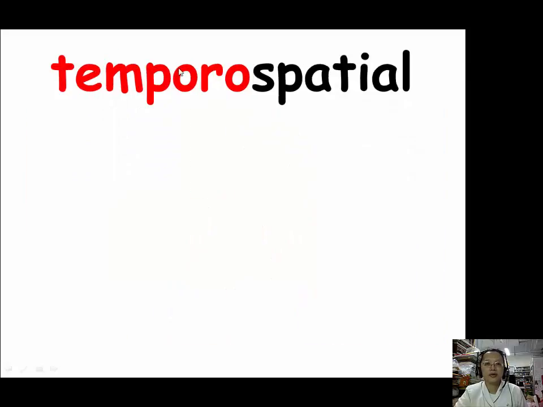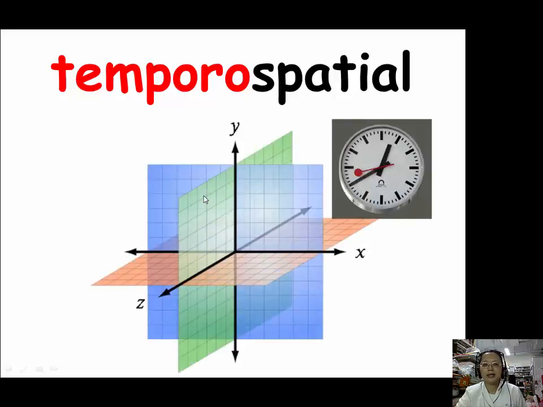And for the prefix temporo, our example is temporospatial. Temporospatial means things that are pertaining to both time and space. Then we use this word, temporospatial.